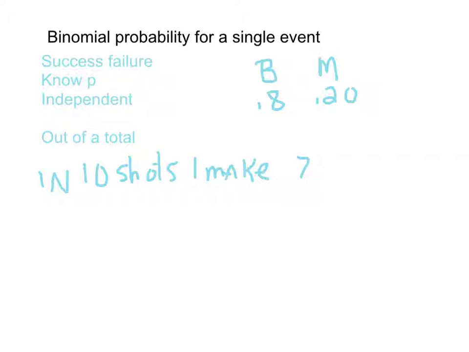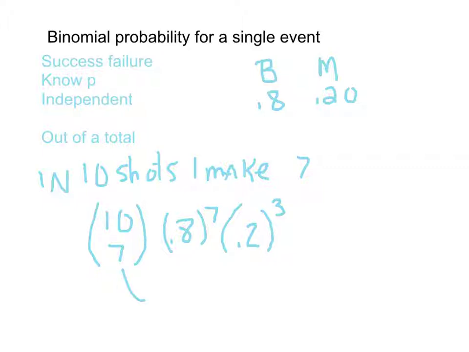So we have to figure out how many ways that can happen. That's 10 choose 7. And that would mean I make 7 baskets, so 0.8 to the 7th, and I miss 3 baskets. And that's the binomial probability.